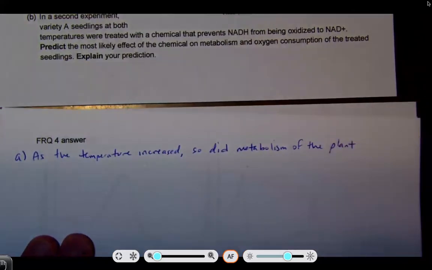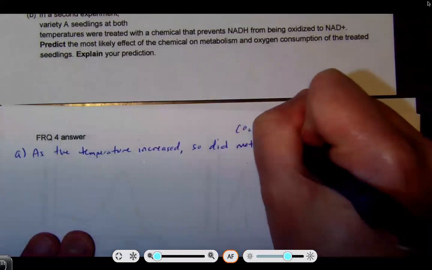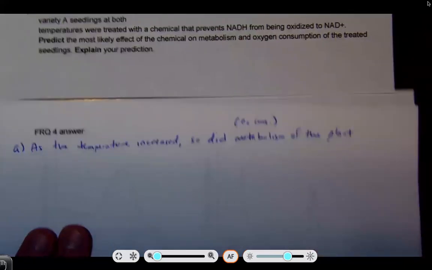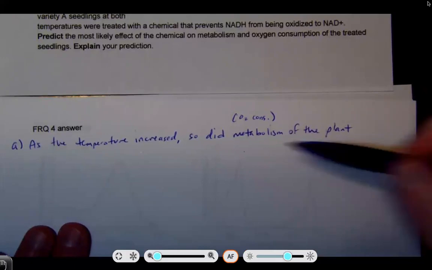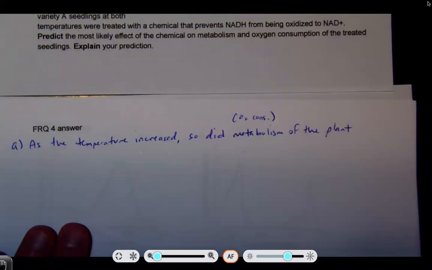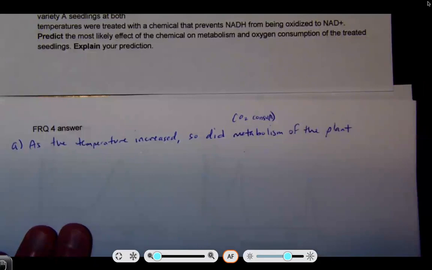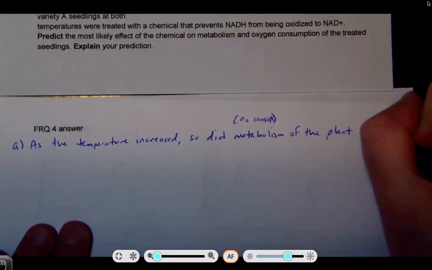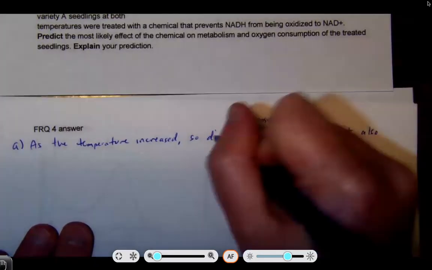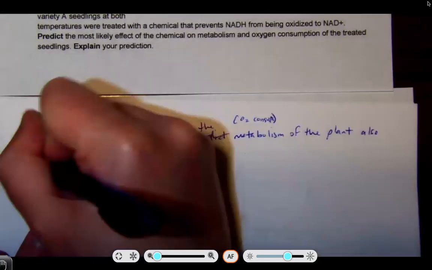And instead of using metabolism, you could use oxygen consumption as well. And that would be okay because they basically mean the same thing in this case. So as the temperature increased, so did metabolism, or the rate of metabolism, or oxygen consumption of the plant also increased, because you want to actually mention that. So the metabolism of the plant also increased.